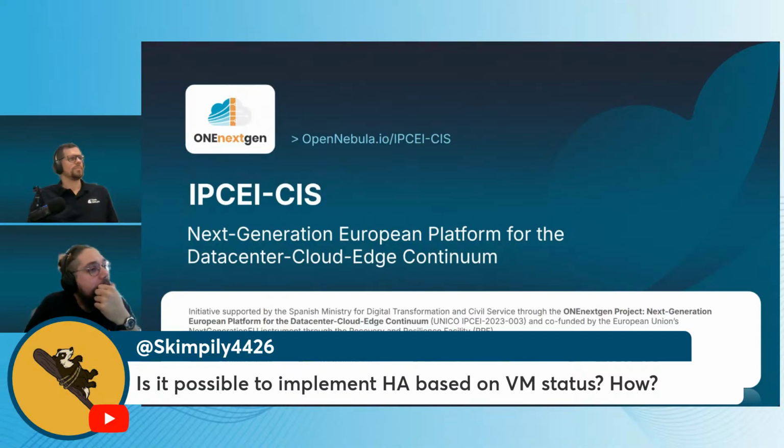During the presentation, I think I already mentioned a bit about this, right? So it is possible as well, because with OpenNebula, with the hook system, we can also create hooks that trigger on VM states. So what we should do in that case is create a hook that will trigger on an error state for VMs, and then have a script similar to the one we have for host error.